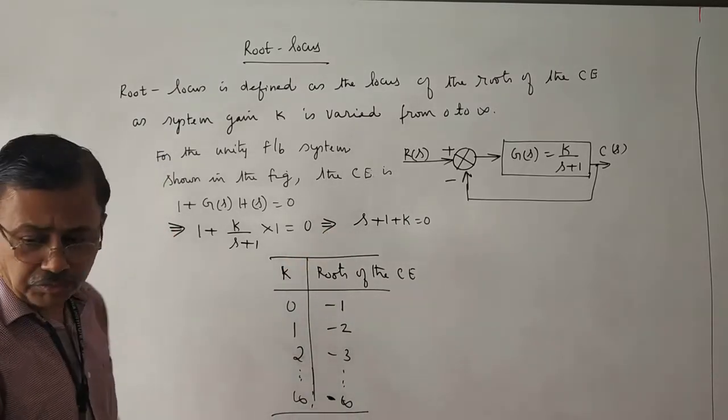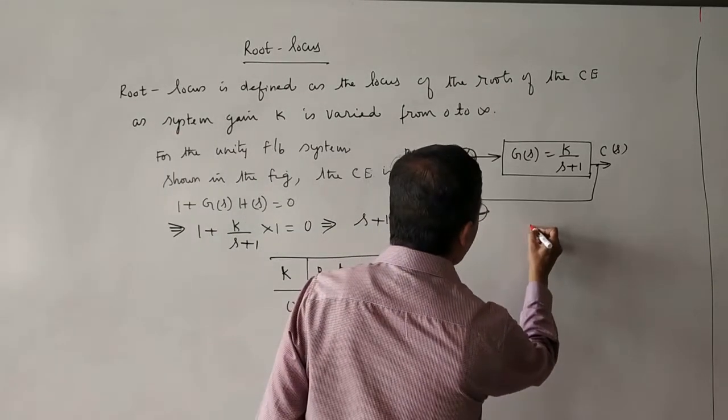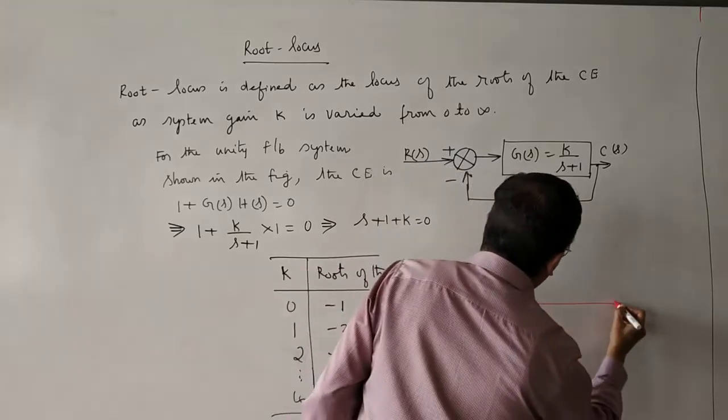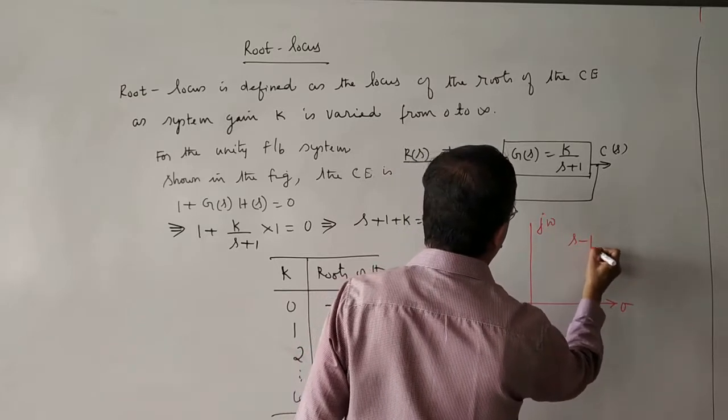Now these roots I will plot on the S-plane. S-plane is a complex plane having real axis sigma and imaginary axis j omega.